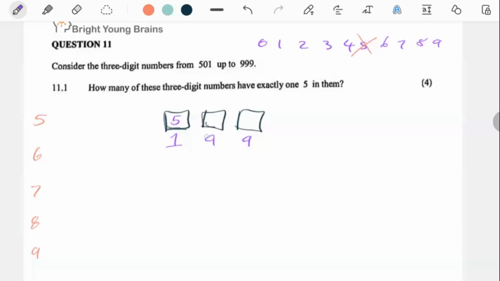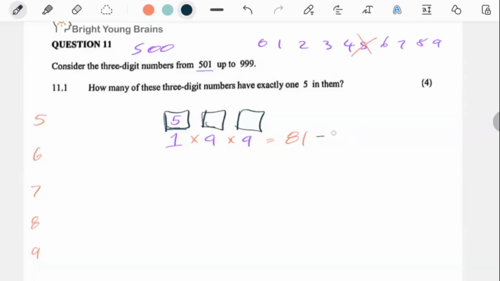We have to be careful though, because in this instance, we're starting from 501. We're not necessarily starting exactly at 500. So what we need to be careful of is that out of all these options, numbers that start with a 5, where we exclude a 5 here and we exclude a 5 here, we know that this is a total of 81 options.